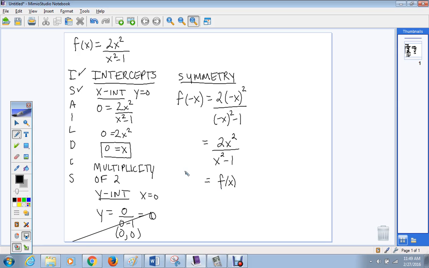So we have f of negative x equals f of x, because what we got from plugging in a negative x into our function and simplifying it, we got the function back itself. So that tells us this function is even.